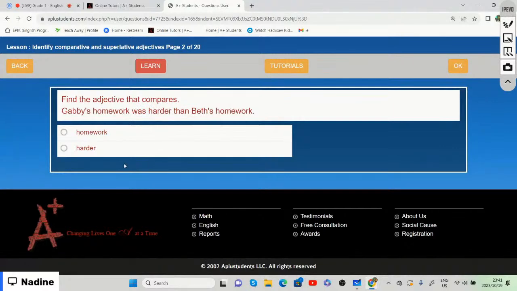Is it homework or is it harder? If we find the adjective that compares, we can say harder is our adjective that compares.